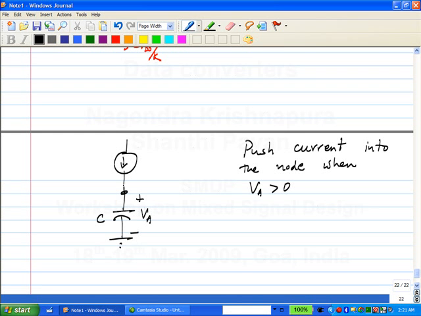If VA is greater than 0, what should be the value of this current? It should be proportional to the input. The voltage controlling this current is VA, and the output is the current. So the quantity that relates the current to the voltage must have dimensions of transconductance. Does that make sense? So this is Gm times VA minus 0.